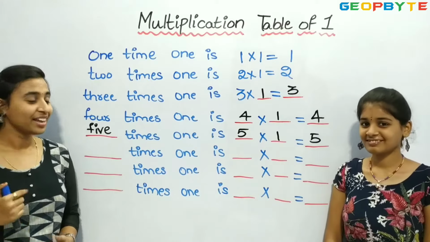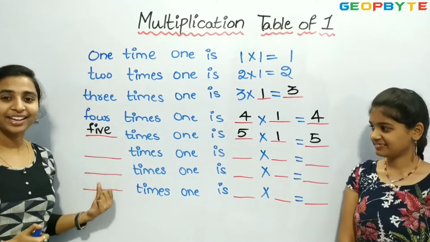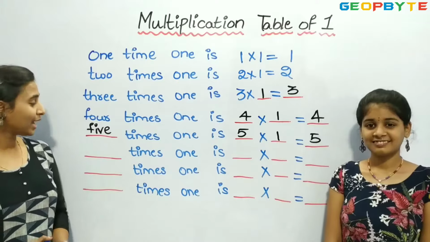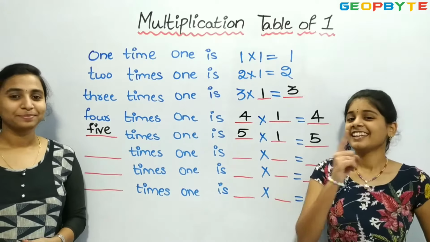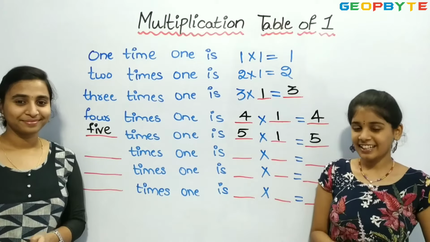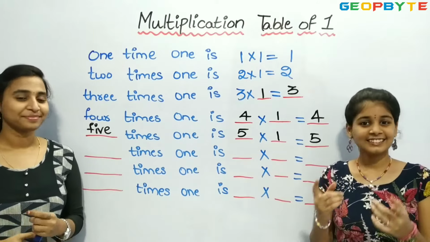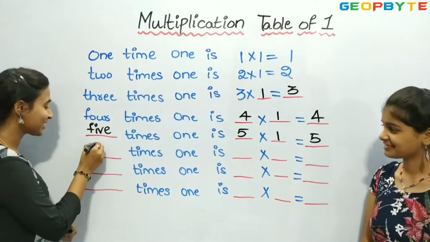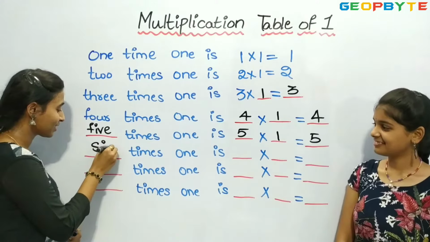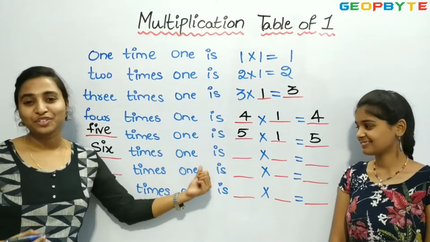Yes, children, here also we have a blank at the starting only. Now after 5, which number comes? Yes, absolutely correct. It is 6. Let us write 6. 6 times 1.